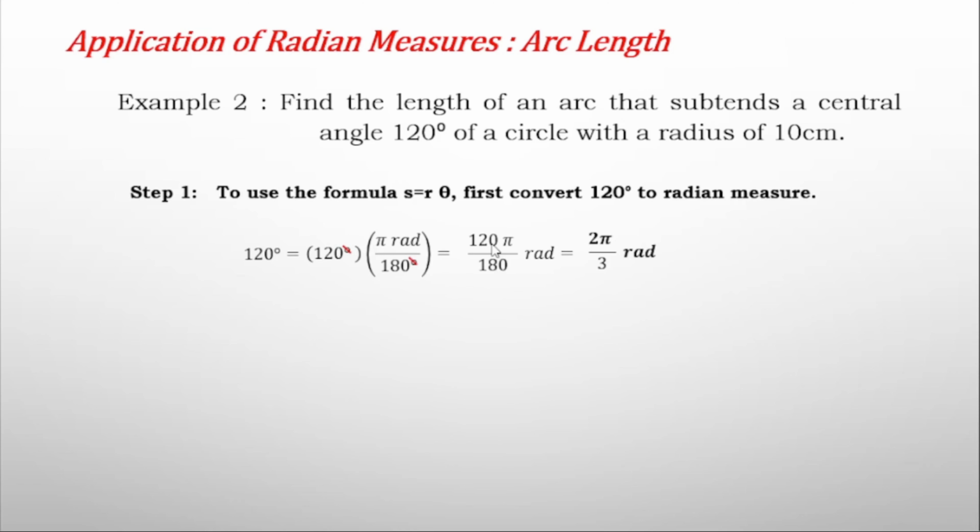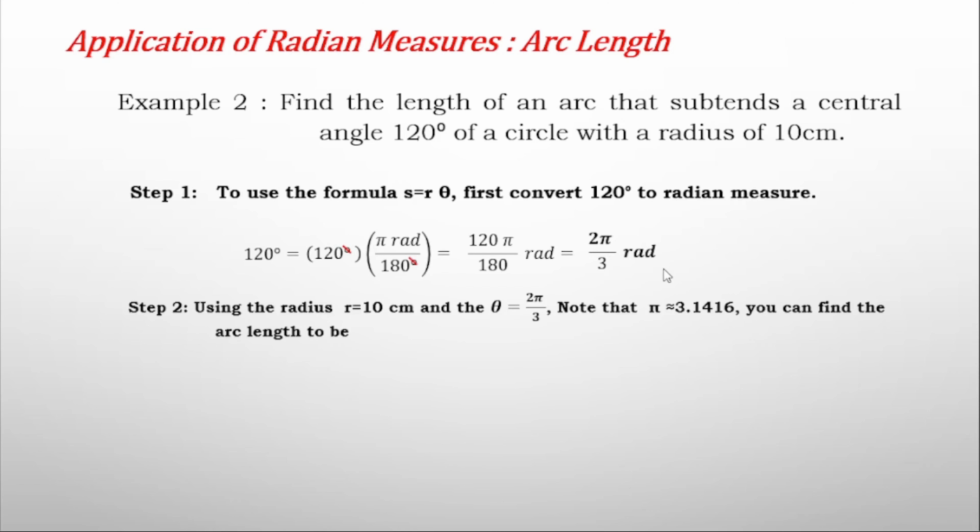So 120 divided by 60 is equal to 2, and 180 divided by 60 is equal to 3. So that is why 120 degrees is equal to 2 pi over 3 radian. Step 2, using the radius, r is equal to 10 centimeters, and the theta, which is 2 pi over 3.